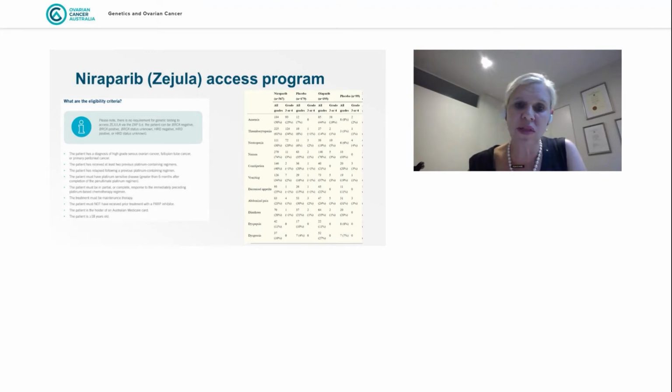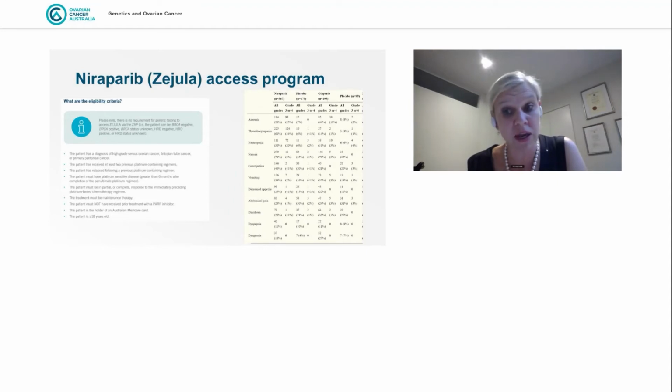I have put here the outcomes of some of the side effects that can occur when you are on either olaparib or niraparib. And we know that there are differences in side effects between olaparib and niraparib, and certainly compared to a dummy drug.